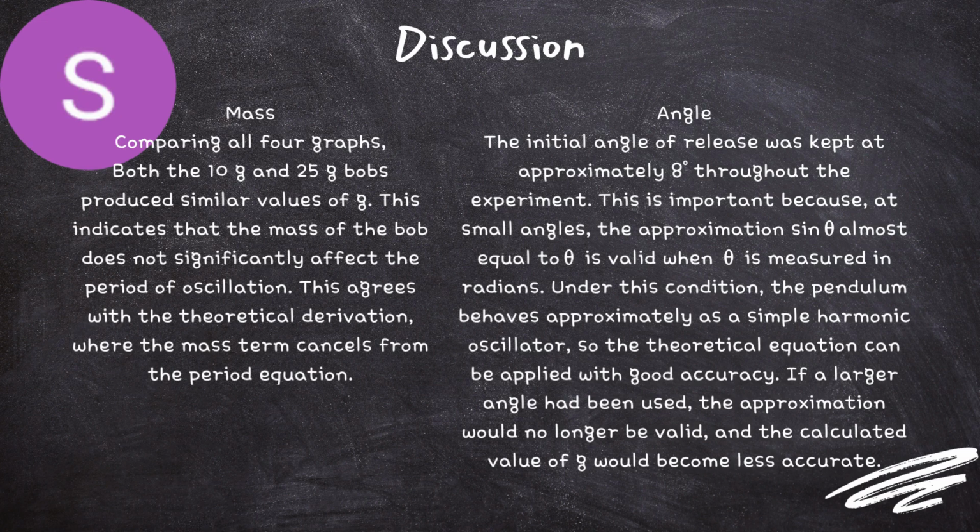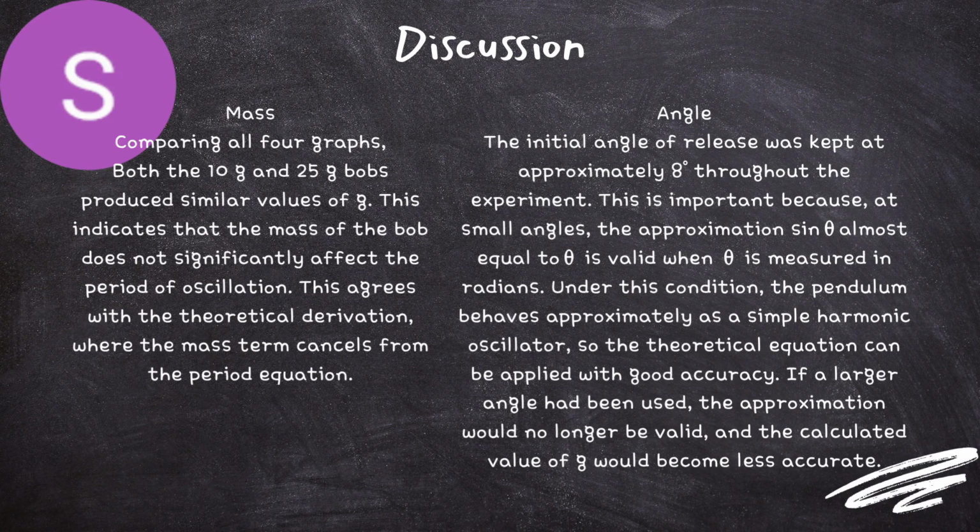The initial angle of release was kept at approximately 8 degrees throughout the experiment. This is important because at small angles the approximation sin theta almost equal to theta is valid when theta is measured in radians. Under this condition, the pendulum behaves approximately as a simple harmonic oscillator.